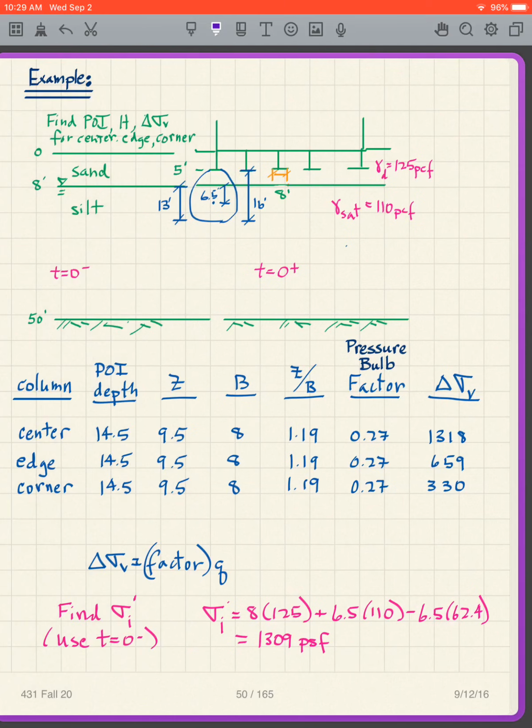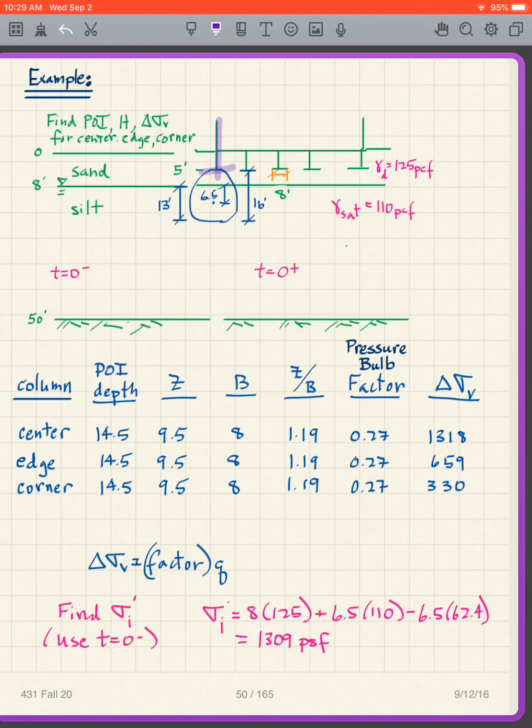All right, so if we look at this, then, and we're going to find the point of interest, the H, and the delta sigma V for the center edge in the corner, what we find is that for this soil profile, we have sand and silt, and in this case, we just have footings under our columns, we don't have any piles.